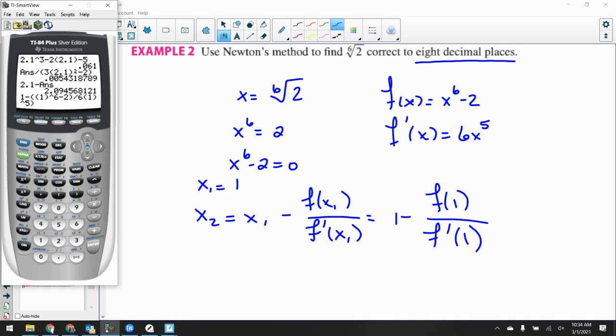Oh, yeah, and my parenthesis here, I don't need this one. Just to be sure that this is going to calculate correctly, I'm going to put a parenthesis on the bottom. I'm going to insert a parenthesis right here and end it right there, because I want it to calculate the whole bottom, then divide.